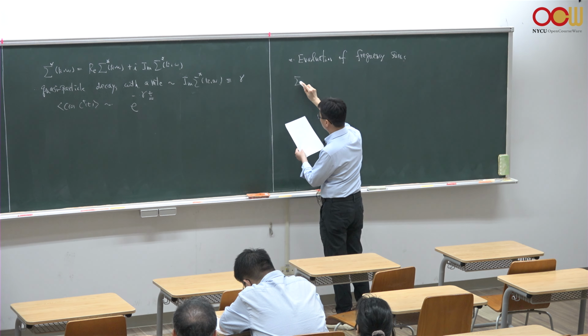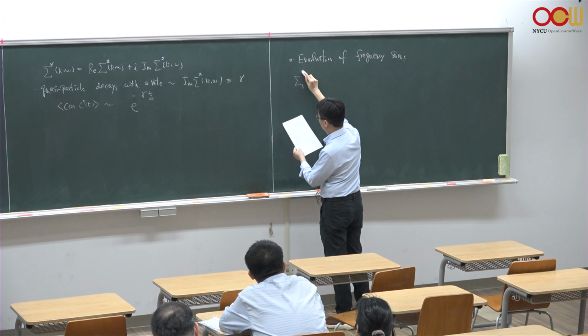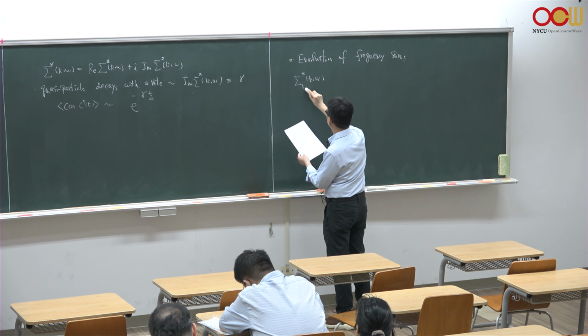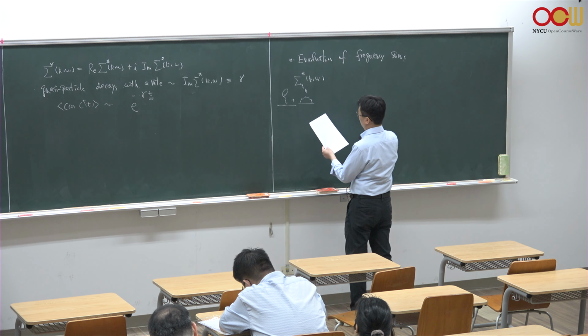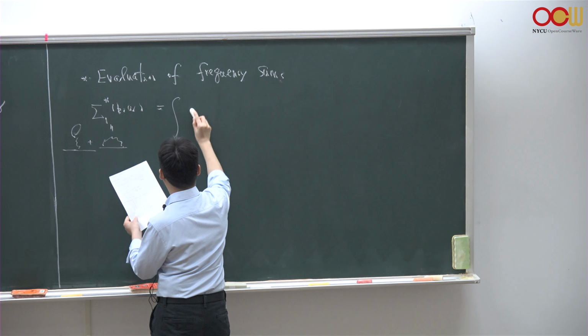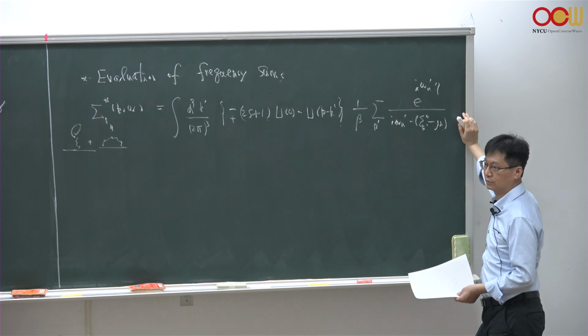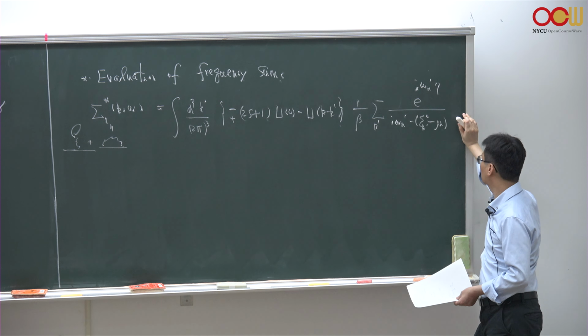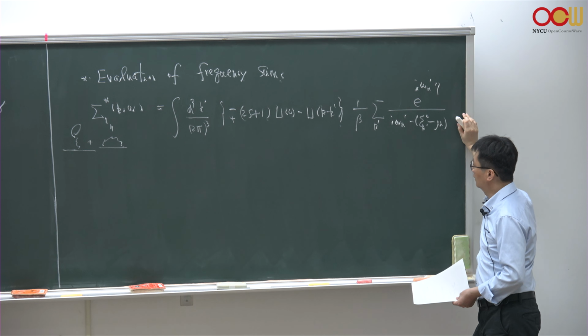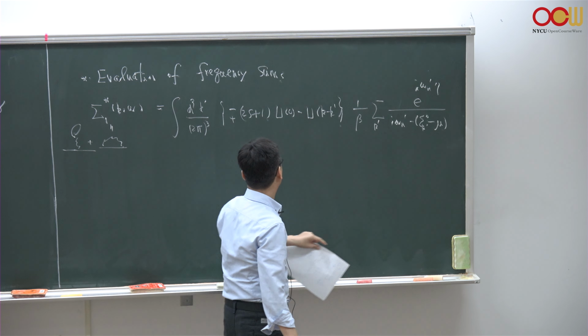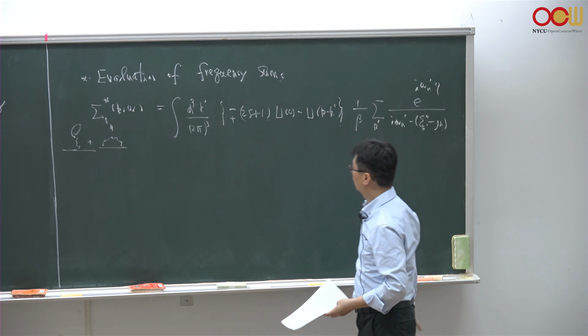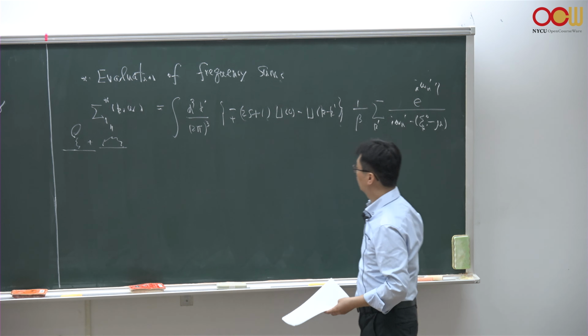For the specific example that we just showed, sigma 1 star, which is this bubble plus this loop, is given by this, right? We already derived such an expression, this Fourier transform of sigma 1 star, and there are two things that we need to do. First is to perform this Matsubara sum over omega n prime, and the second is to integrate over k prime. But this is something that we need to do first.